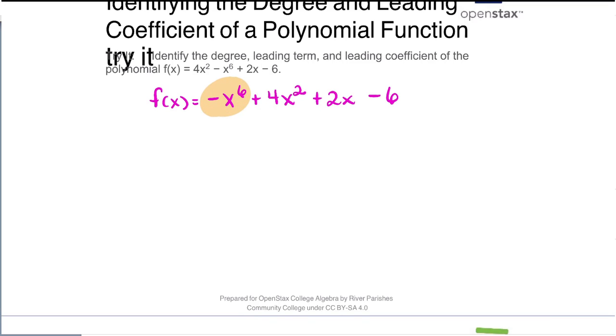Here's our leading term. So our leading term is negative x to the 6th. Our leading coefficient is the number in front of x to the 6th, which would be negative 1. And our degree looks like it is 6.